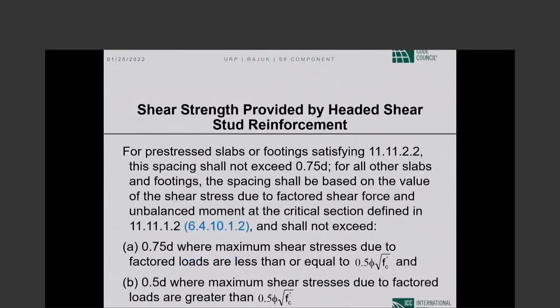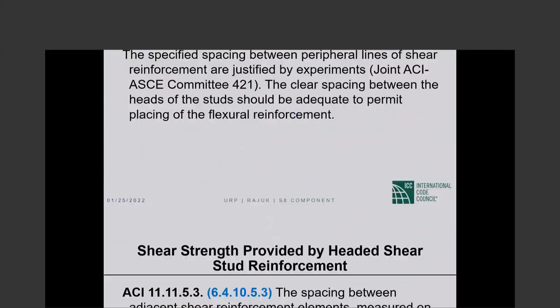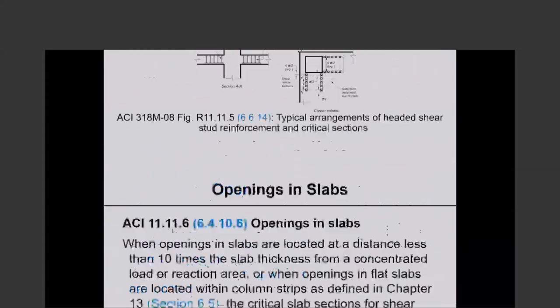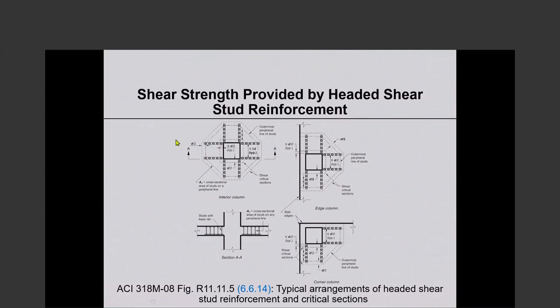So there are a lot of details here. This picture is what I'm talking about.